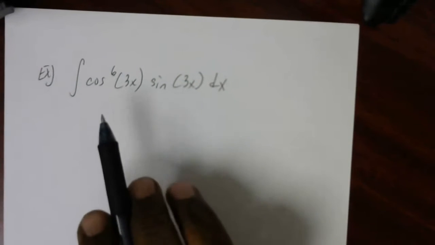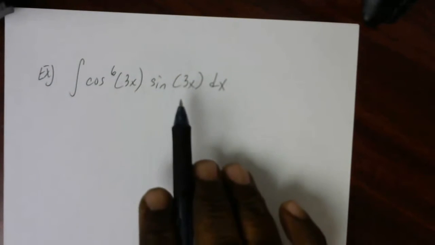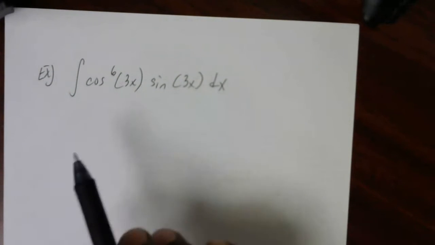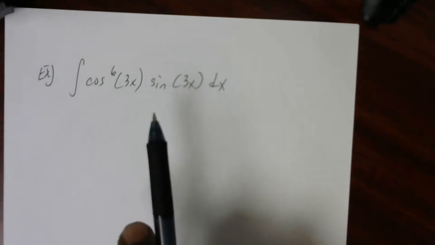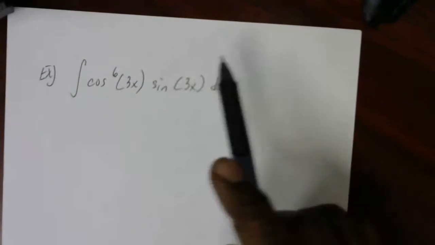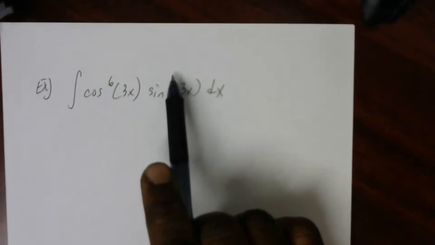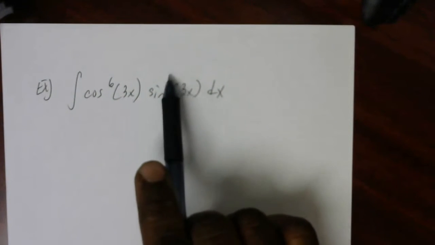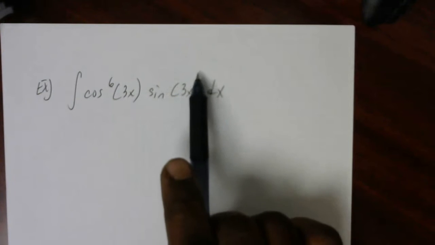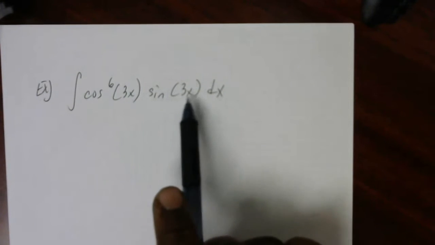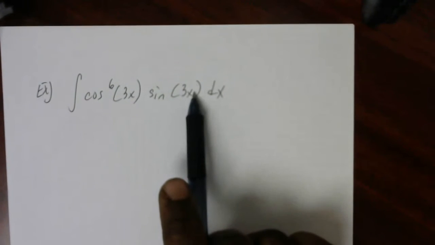Here again I have a mix of a cosine and sine. I want to locate the trig function that is linear, or to the 1st power. Notice this cosine is to the 6th power, and this sine is to the 1st power. So I'm going to make my substitution based on this sine 3x.